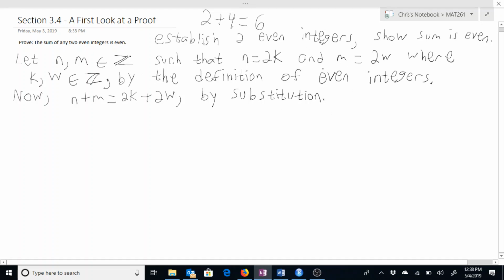Now, from that, we could say, but 2k plus 2w is equal to, we could factor out these twos, a 2 from both of these since they both share a 2, 2 times k plus w.